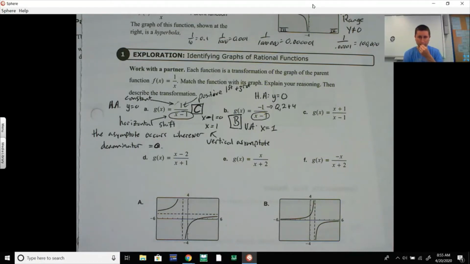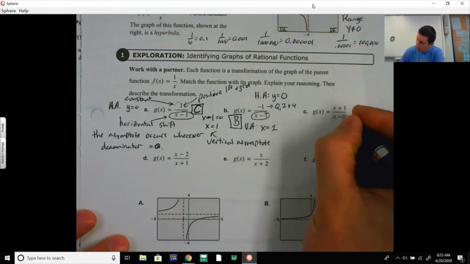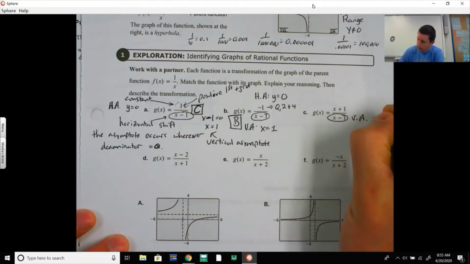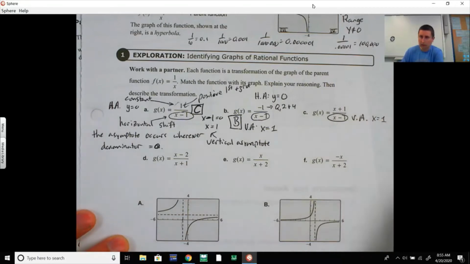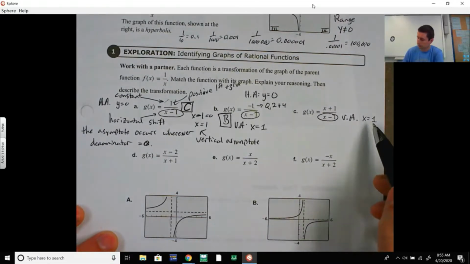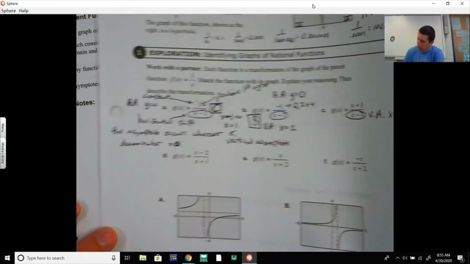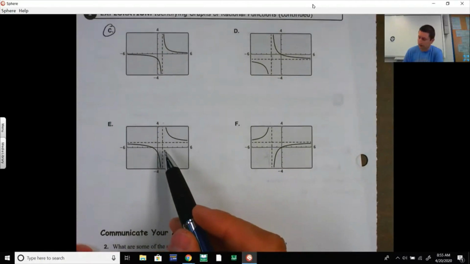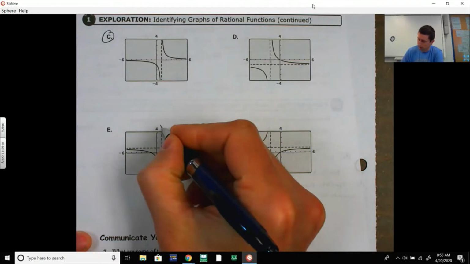Still, your vertical asymptote is going to come from the bottom. Where does x minus 1 equal 0? Well, that would be at x equals 1. So I have a vertical asymptote at x equals 1. We should know by now it's going to be our third one, because it's the only other one that has a vertical asymptote at x equals 1.